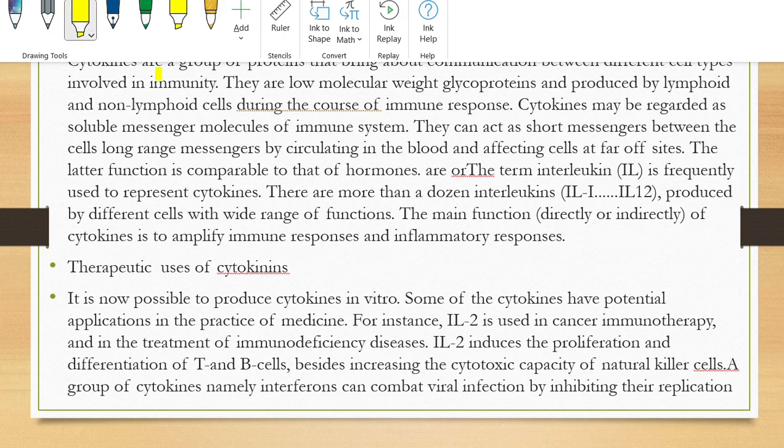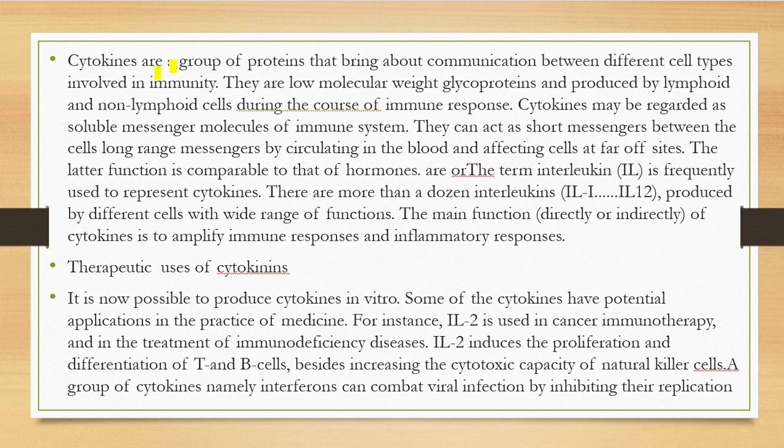Cytokines are a group of proteins which bring about communication between the different cells involved in immunity. They are low molecular weight glycoproteins produced by lymphoid and non-lymphoid cells during the course of immune responses. Cytokines may be regarded as soluble messenger molecules of the immune system. They act as short-range messengers between cells and as long-range messengers by circulating in the blood.